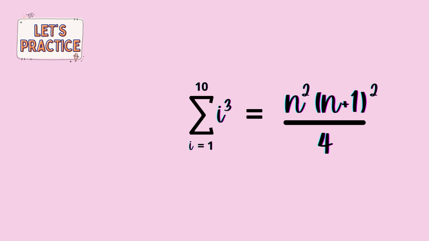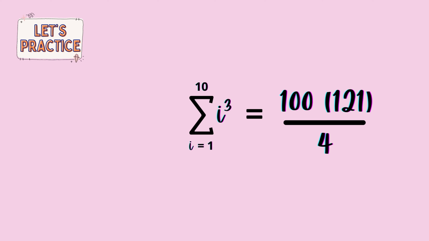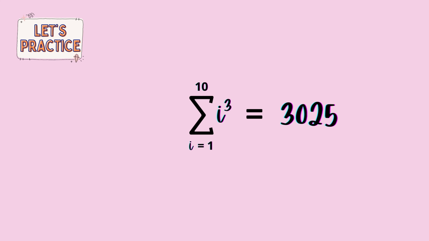Using the formula, we substitute n with 10, so that we'll have 10 squared times 10 plus 1 squared all over 4. Simplifying this, we have 100 times 121 over 4, or 12,100, divided by 4, which is 3,025.